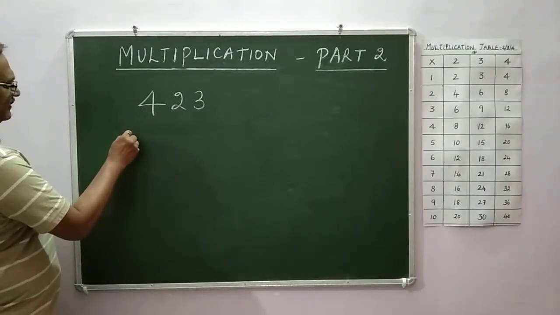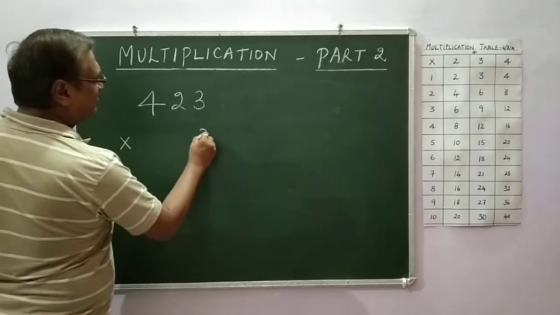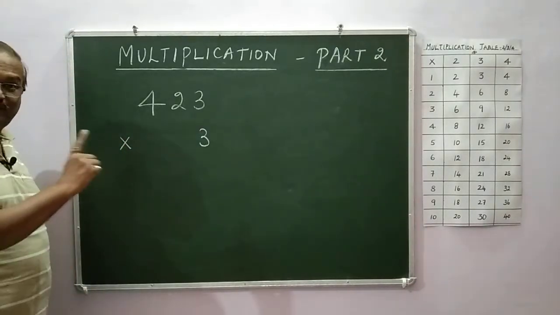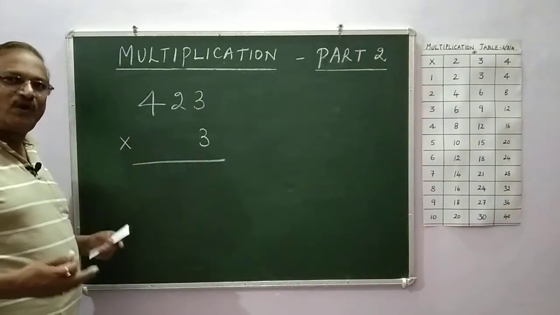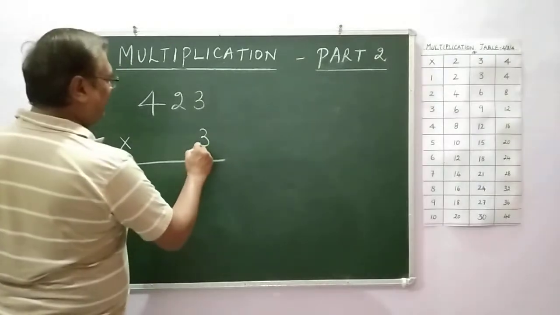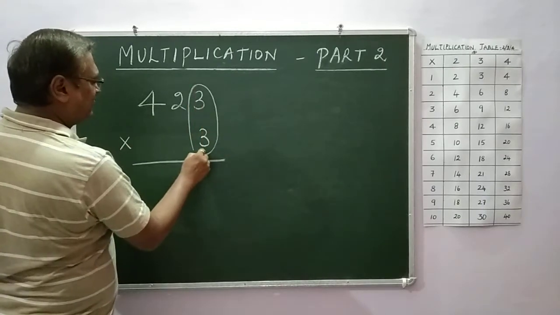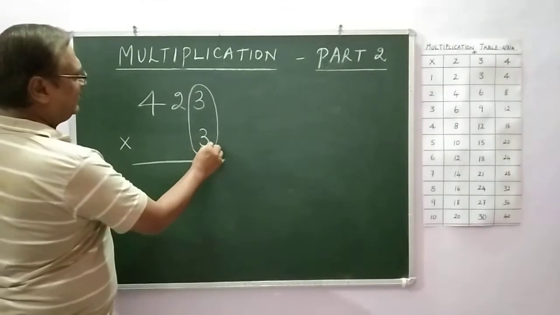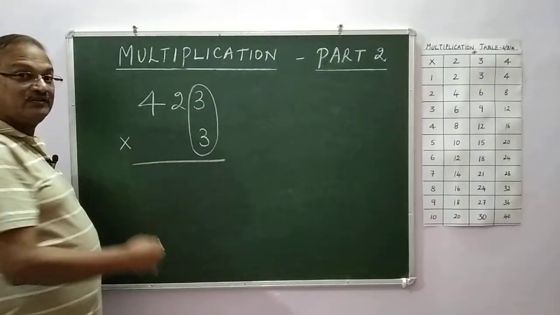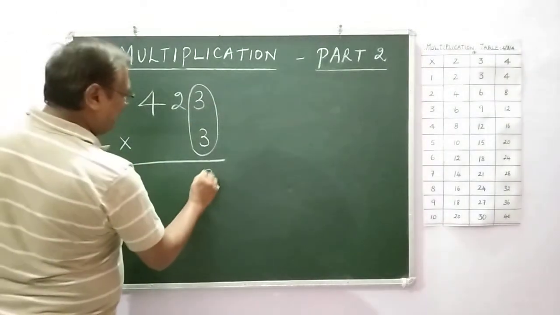I multiply this with 3. As usual, what should we do? Multiply the first digit with the number you want to multiply. 3 multiplied by 3. 3 3s are 9.